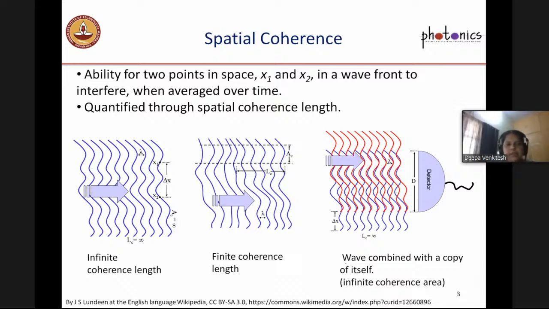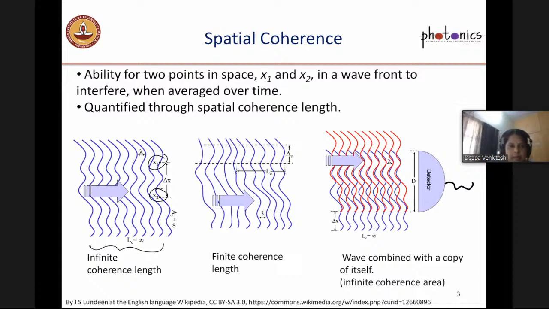Spatial coherence, as this figure indicates, so this is an example of a wavefront. It is not really a plane wavefront, but a wavefront with some random shape. But spatial coherence would mean that if I consider two points x1 and x2, marked here, at two different spatial locations in the wavefront, the ability of these two points to interfere when the time is averaged, that's spatial coherence, and that's quantified through coherence length.